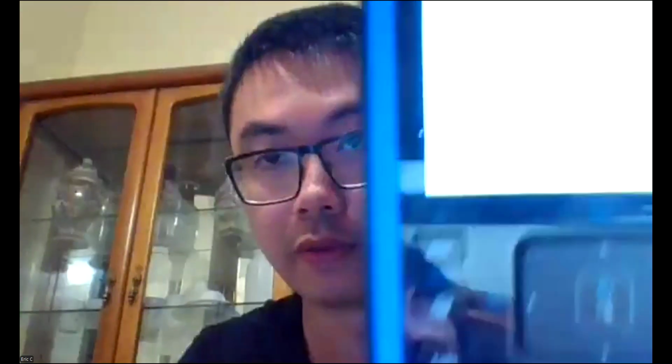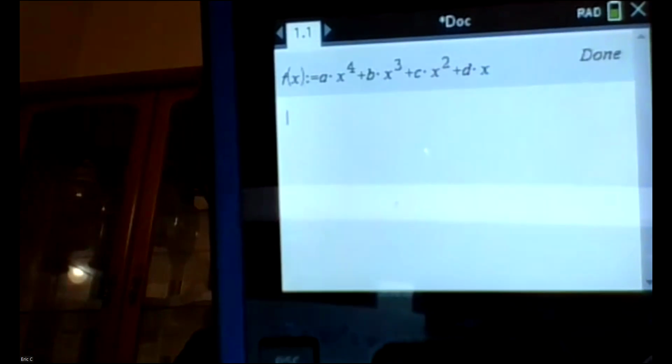First of all, we need to define our f(x), and that's equal to a times x to the power 4, plus b times x to the power 3, plus c times x squared, plus d times x. So that's defined on the calculator there.